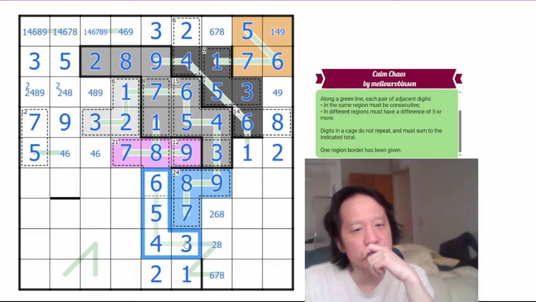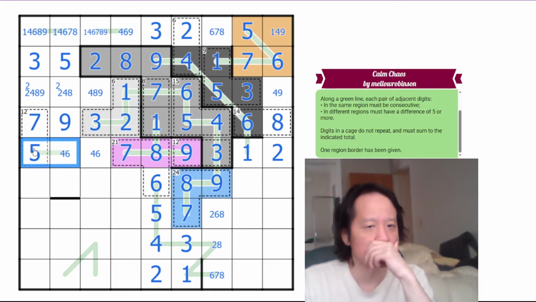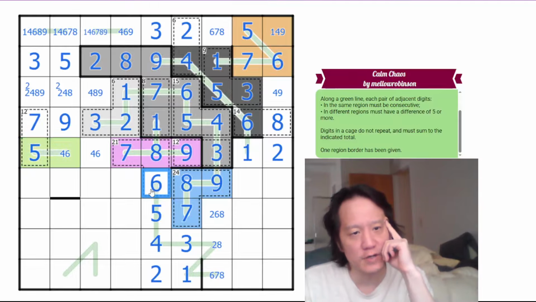These are the same region. This is the same region. So I guess we can make that green.